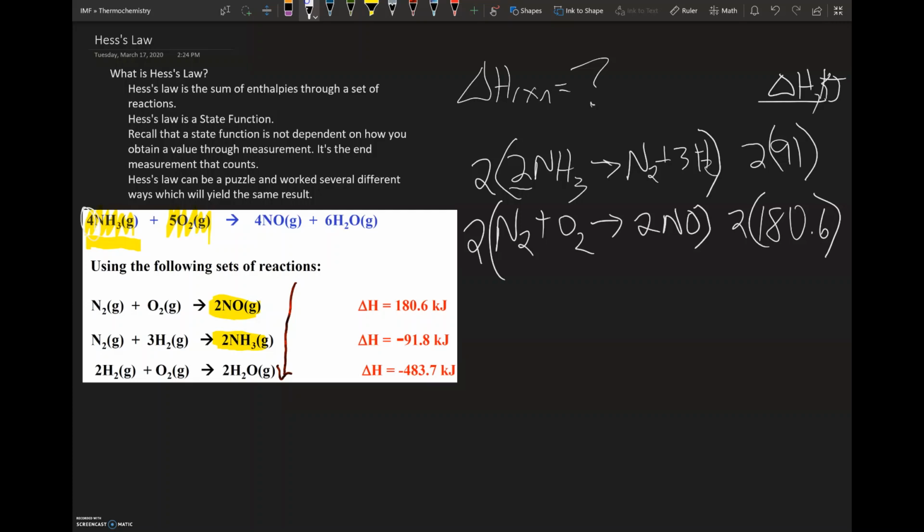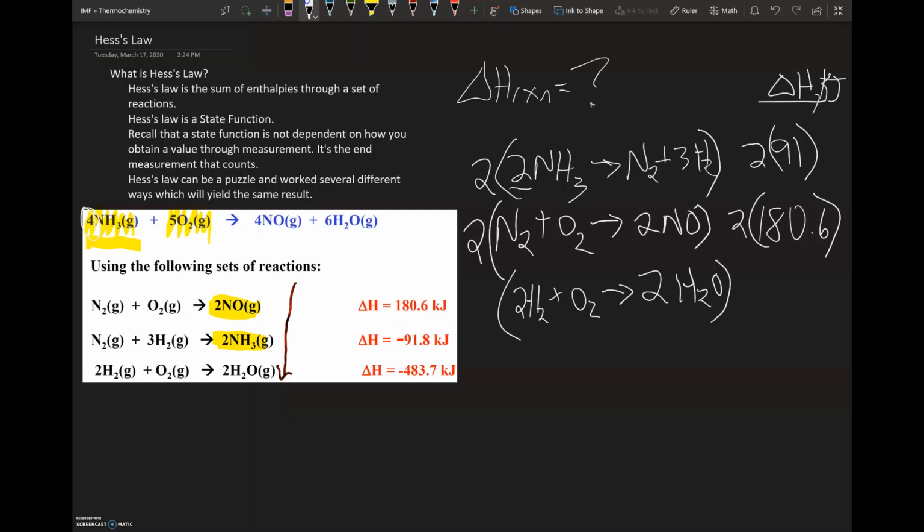Now the last step, there's only one more step. We see that there's water. If we look at the main reaction, water is a product, and so we want to make sure that the water is introduced into the equation as a product. So we're going to write the equation as we see it: 2 hydrogen gas plus oxygen gas yields 2H2O gas.